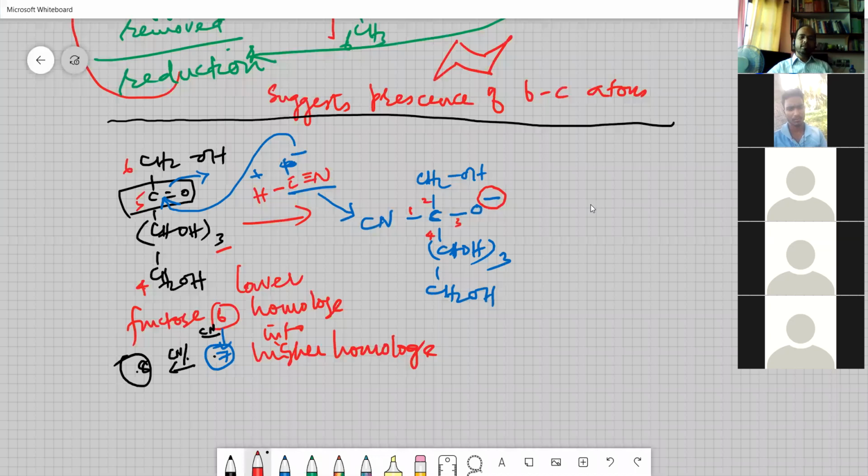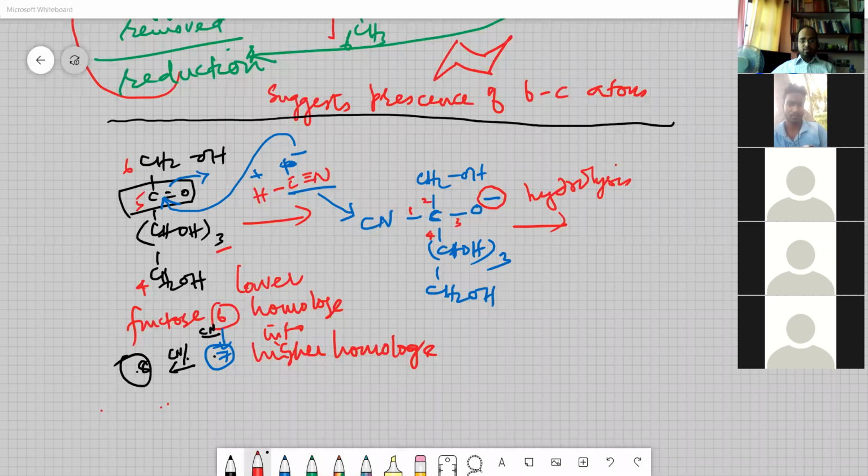Hydrolysis is usually done by putting in an acid, H plus. So hydrolysis is every time bringing larger molecules into smaller molecules.